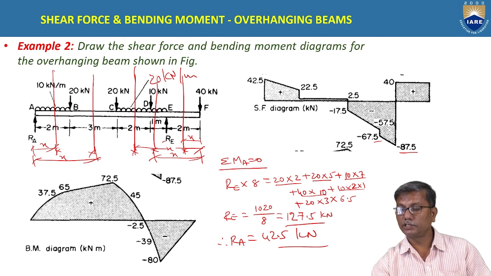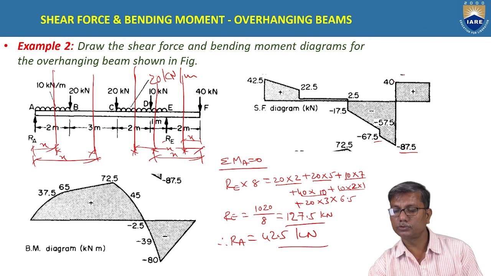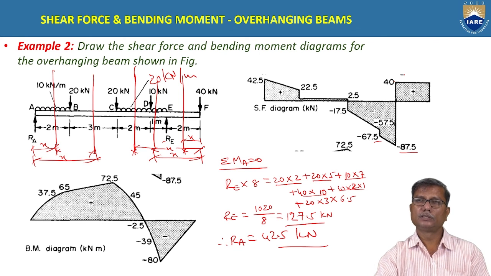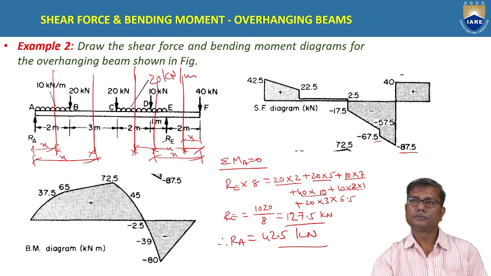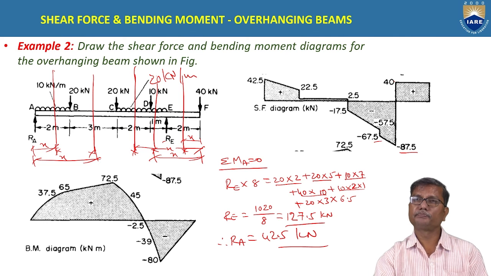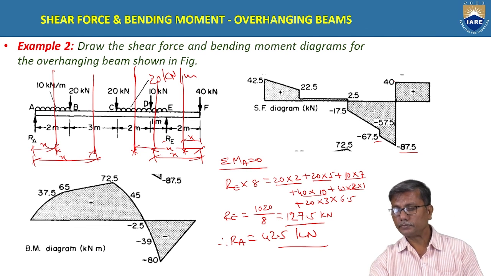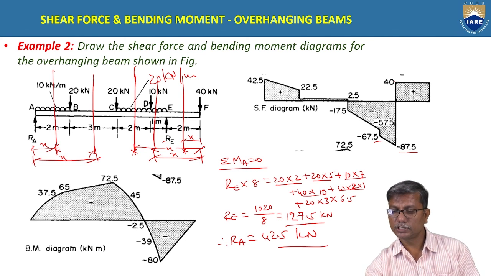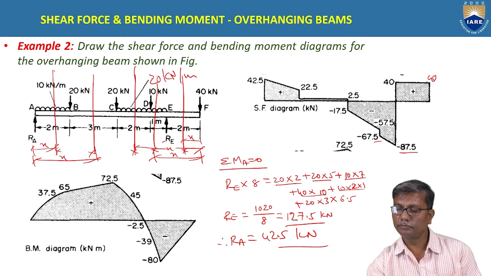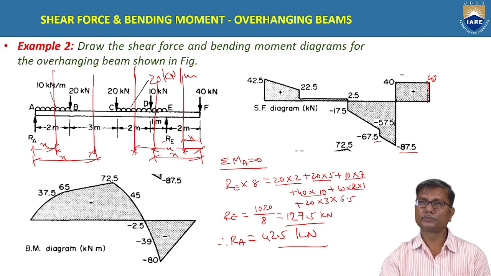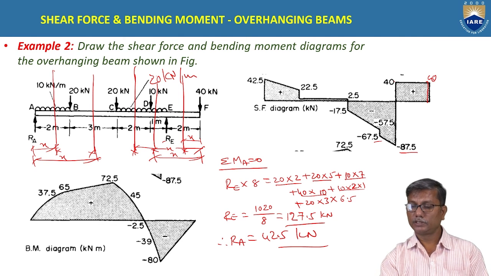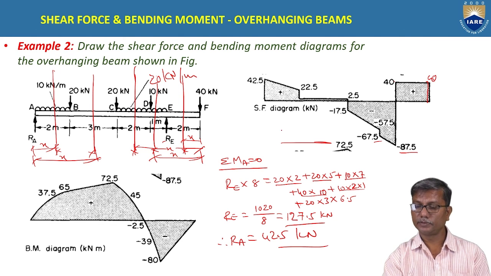Now there will be a rise in the value of shear force to plus 40, that is by 127.5 kilonewtons, because of reaction, and that remains constant up to F, and there will be a drop in the value again at F due to point load. This is how the shear force diagram will be.